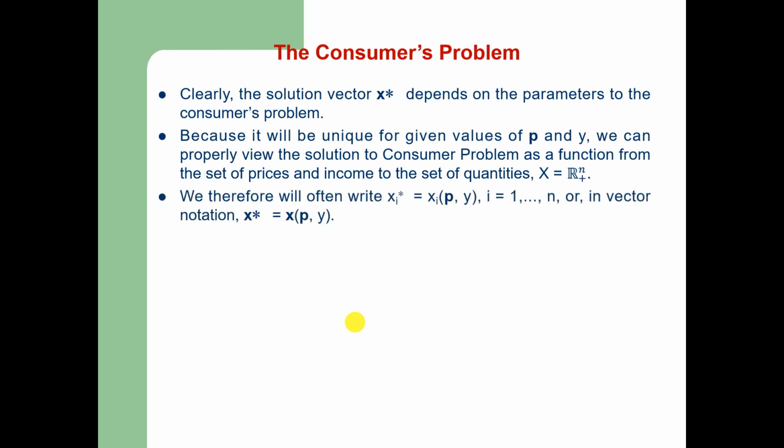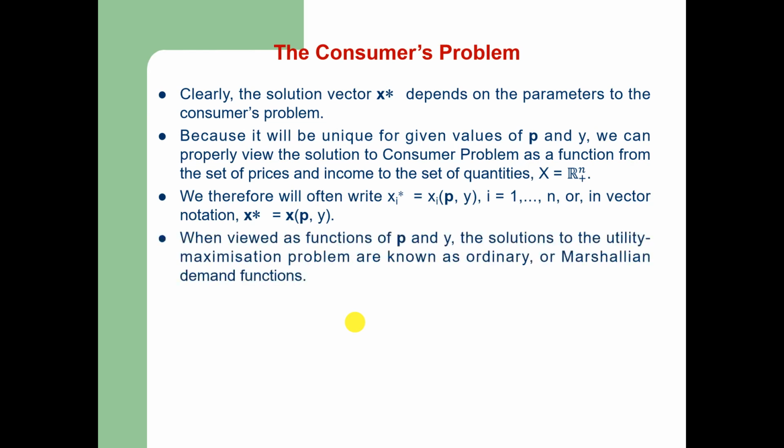We therefore will often write xi star as a function of the price vector and the consumer's fixed money income for all i equal to 1 to n, or in vector notation, x star is a function of the vector of prices and the budget, the consumer's fixed money income.